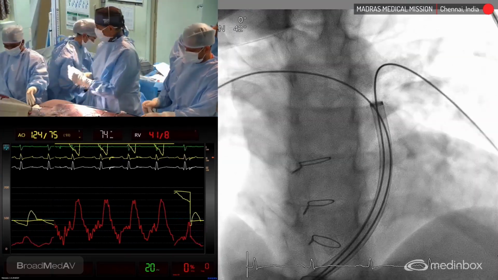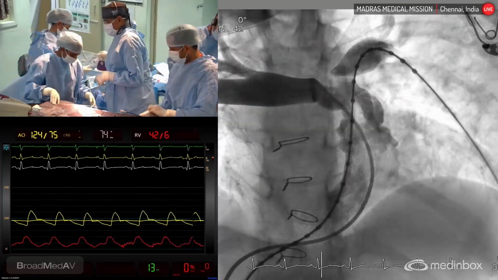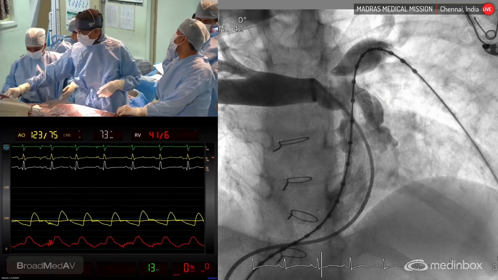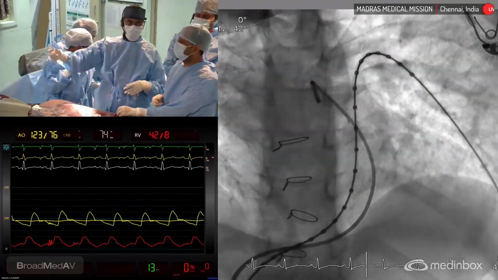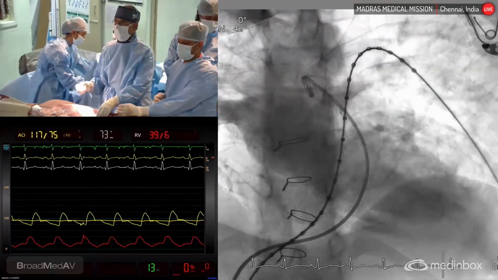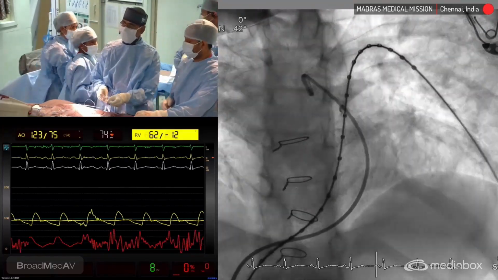I need a 20 ml contrast syringe. Or else I think this cranial will be a better view. Let's get a picture done.